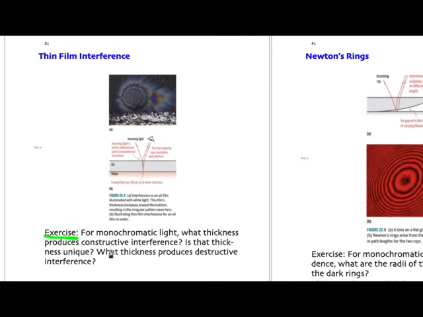And of course, if you're halfway between two constructive interference cases, you'll be at a destructive interference case. So what thickness produces destructive interference? So take a look at the book and write down the answers to this exercise. That'll be helpful to you when you come to do the problem if you've got that written down. So that's thin film interference.